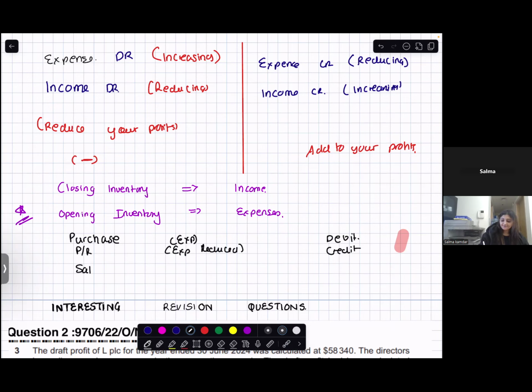Sales is credit. Sales return is income reduced, so it is debit. I hope you're with me. So these are the rules that you keep in mind when you do sums that are related to errors.